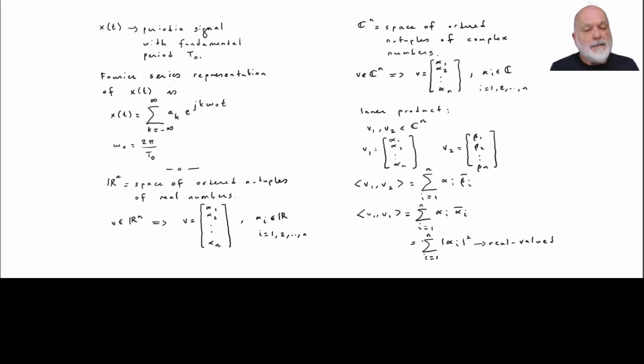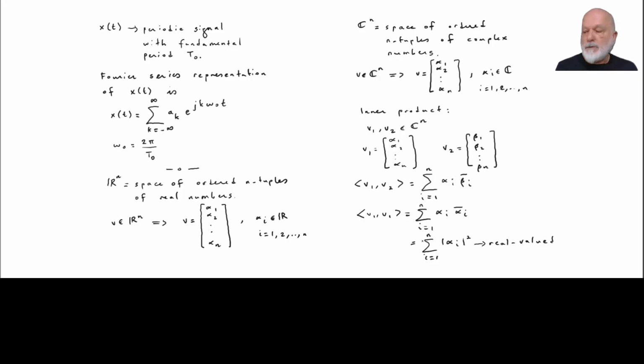Now, in Cn, we are able to define such an inner product. Now, how do we make use of this inner product in the representation of vectors in Cn?